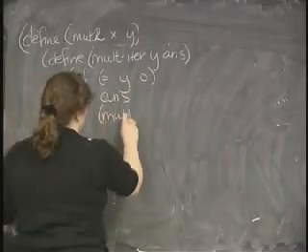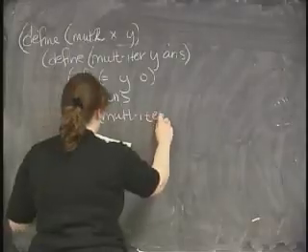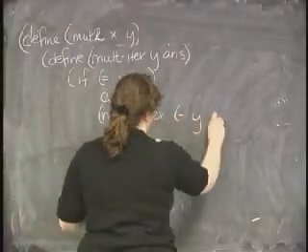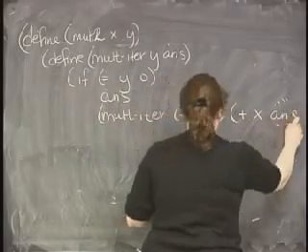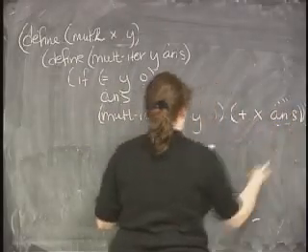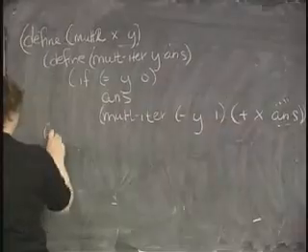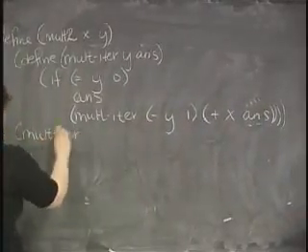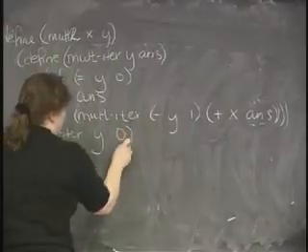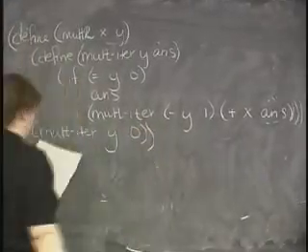Otherwise, we call mult-iter on y minus 1 and add x to our answer. And then make a call to mult-iter with y and 0.